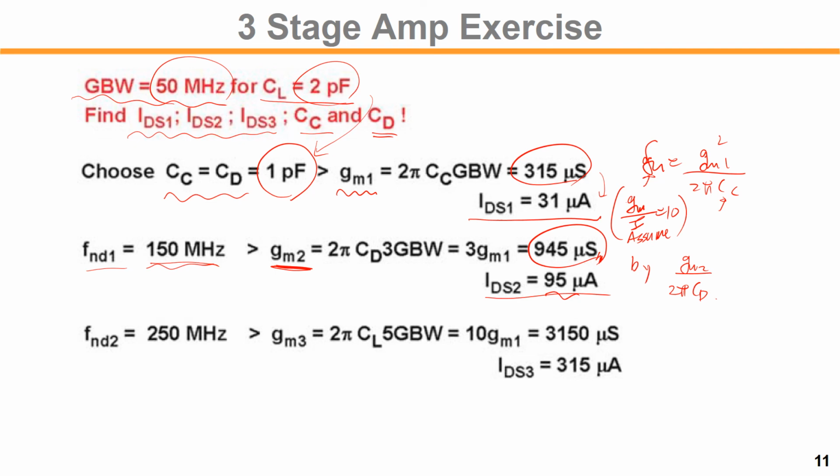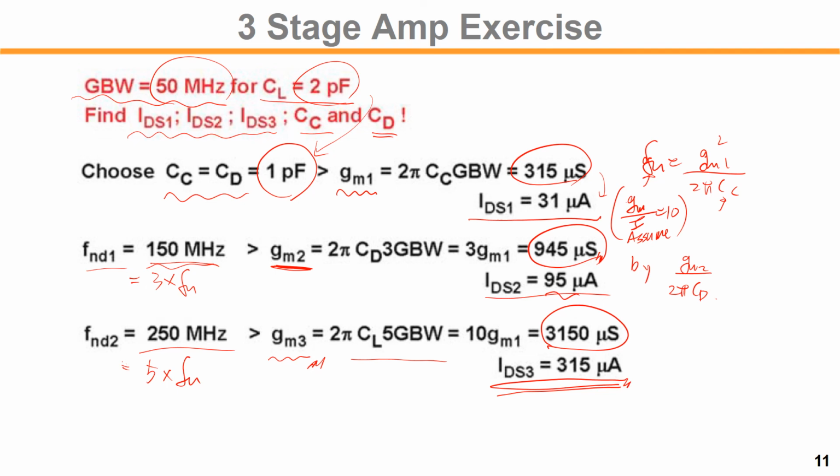Now the last non-dominant pole, we want that to be 5 times FU. That would be 250 megahertz. So the third stage GM would be what? Almost 3000 microsiemens. The current level becomes more than 300 microamp.